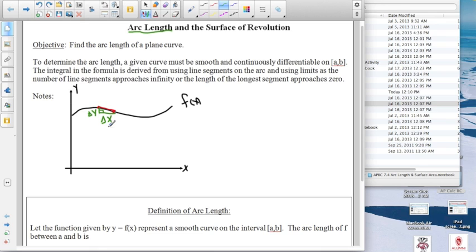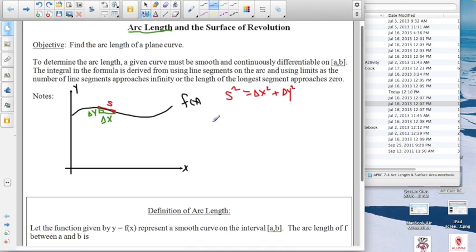So we could set up a Pythagorean theorem relationship that says this length here, which I'm going to call s, because that's going to be our variable for arc length, being the hypotenuse, s squared equals delta x squared plus delta y squared.